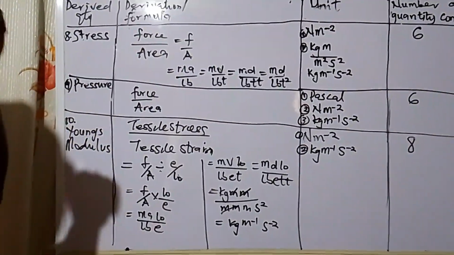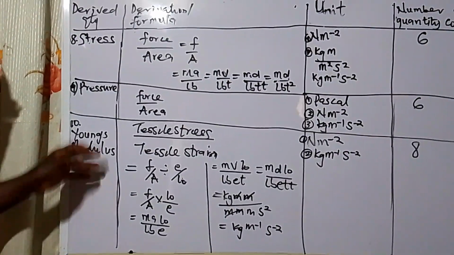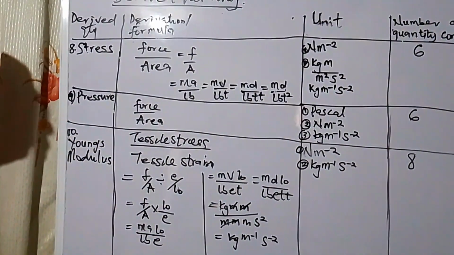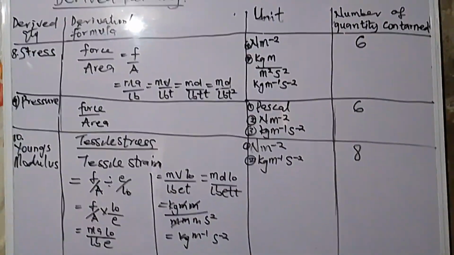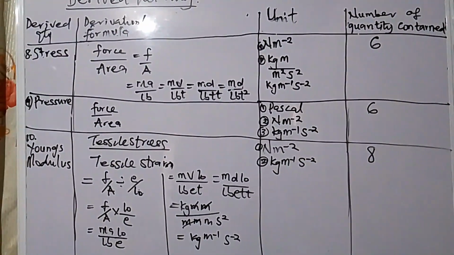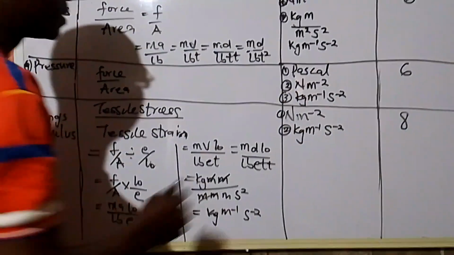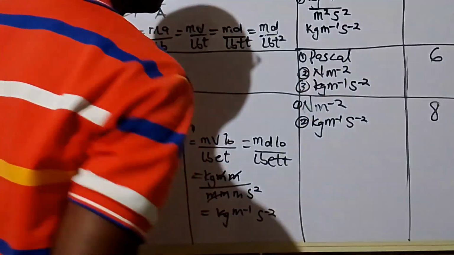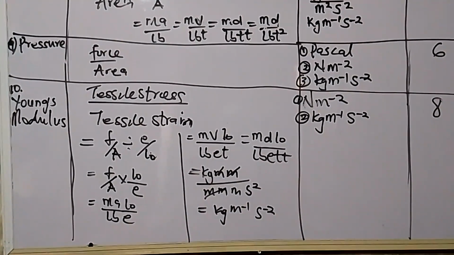Therefore, we can now conclude that stress, pressure, and Young modulus have the same basic unit. What is that basic unit? That is kilogram, meter, and second. That's the unit that forms their basic unit.